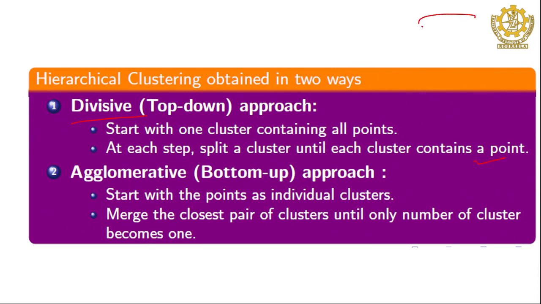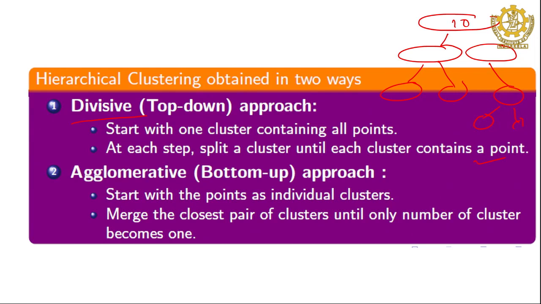So, you start with, let us say, 10 points in a single cluster, then you will have 2 clusters. Obviously, the number of points remains the same; they are divided between the 2 clusters. Now, from 2 it will form 3 clusters, and then from 3 it will form 4 clusters and so on, until each cluster contains a single point.